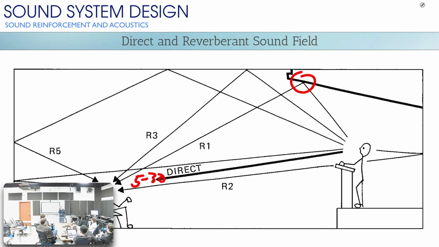Well, guess what? Here's the other cool thing. So let's say that R1, reflection 1, hits the listener at 20 milliseconds after the direct sound. And then R2, let's say that hits the listener 30 milliseconds after the direct sound. Well, normally that would be an echo, right?